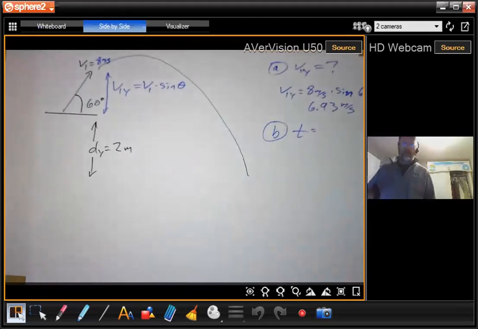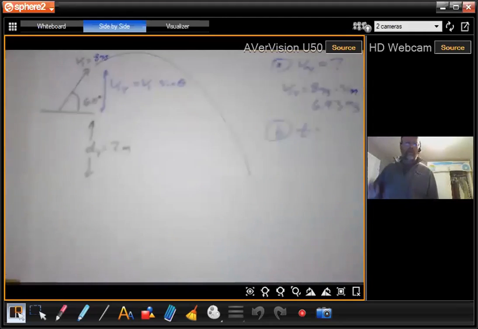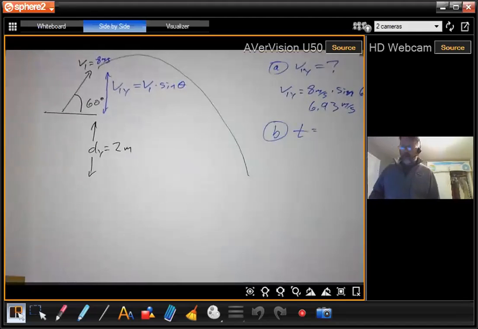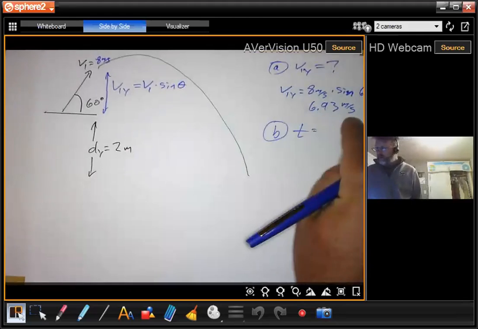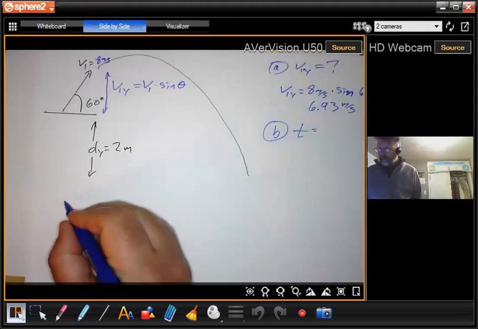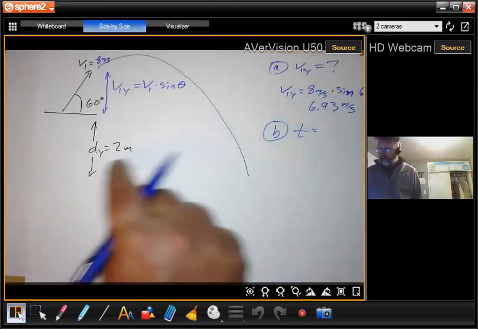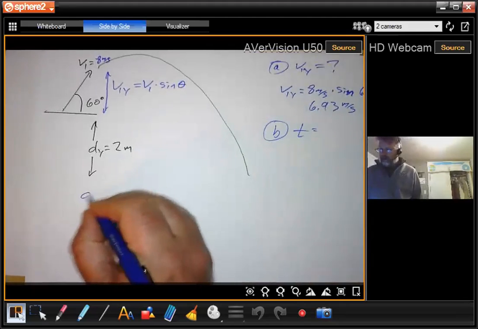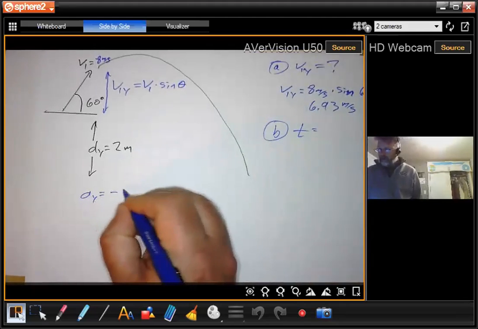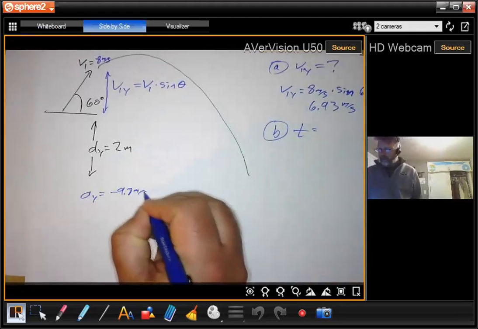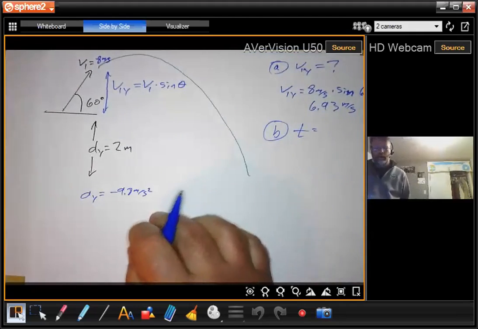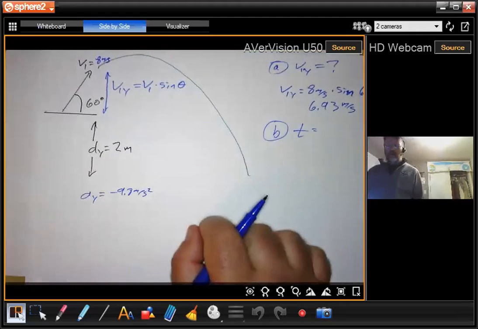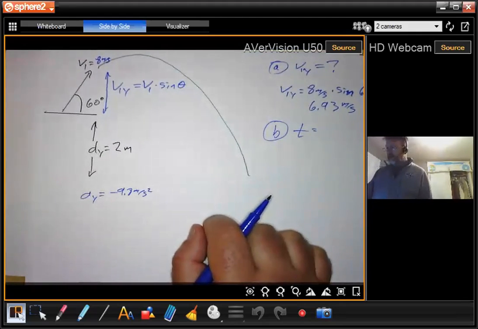So let's start figuring out what do we know here. We know Vy, we know dy, and we know acceleration in the y is 9.8. We'll eventually have to do the x's, but right now it doesn't look like the x is really going to affect our question here.